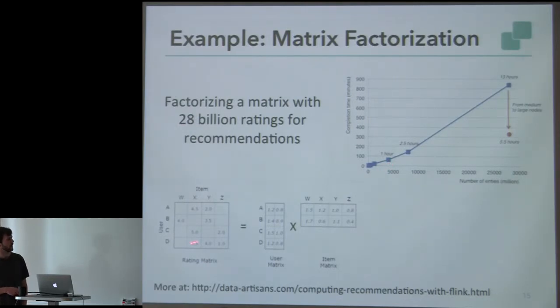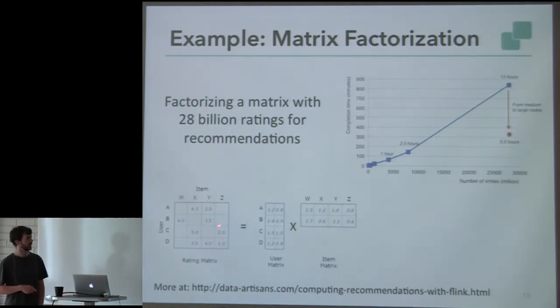And we ran a matrix decomposition algorithm to compute recommendations. So basically you have this rating matrix and it's sparse. It has ratings of users, and you want to decompose it to generate recommendations.